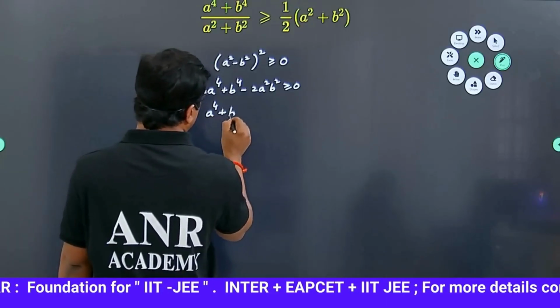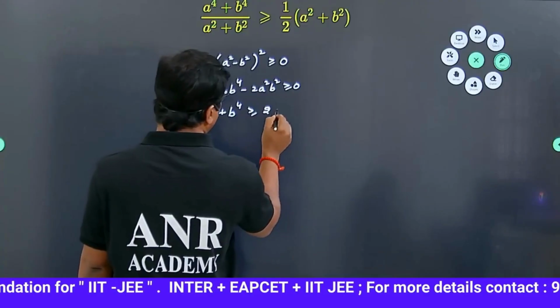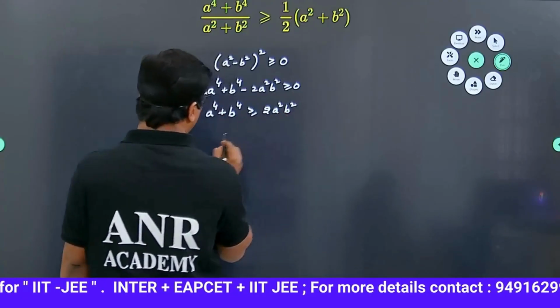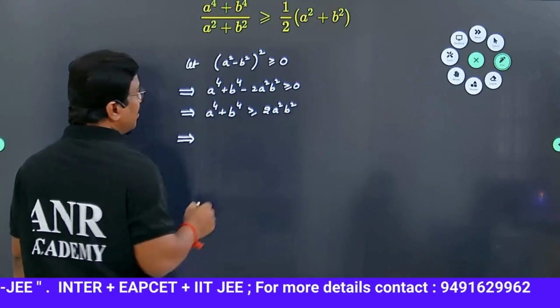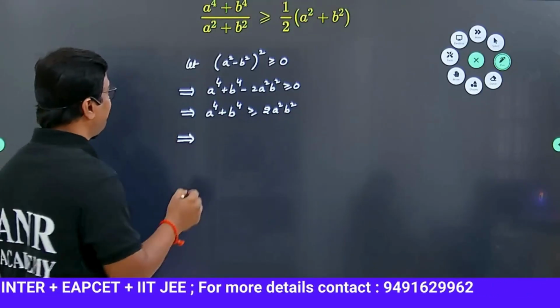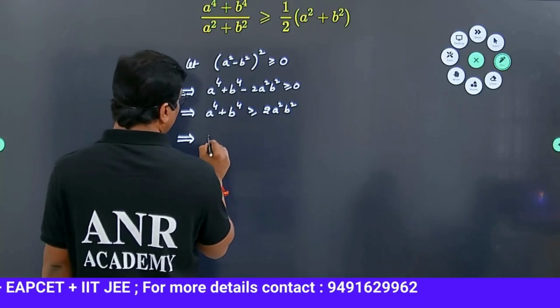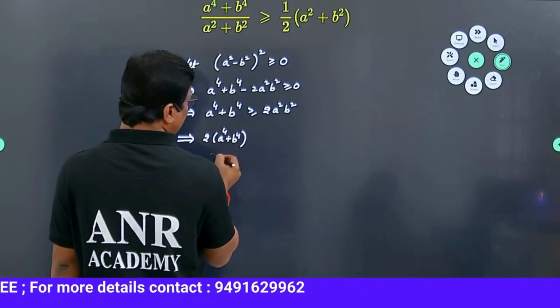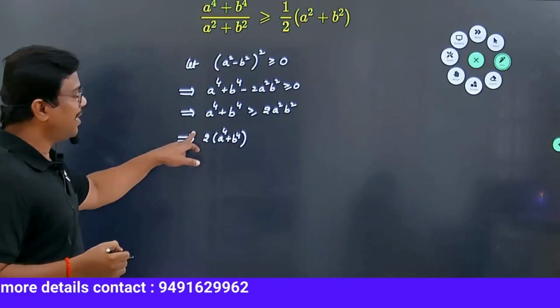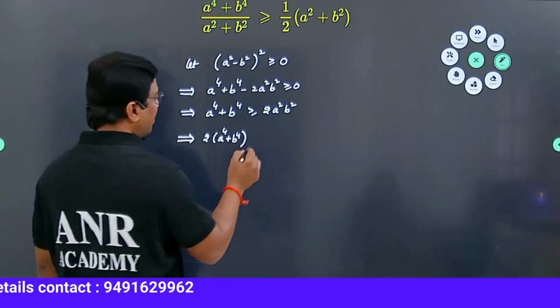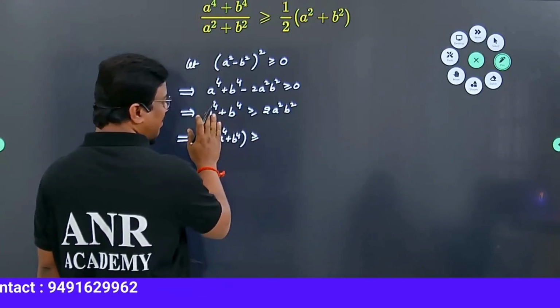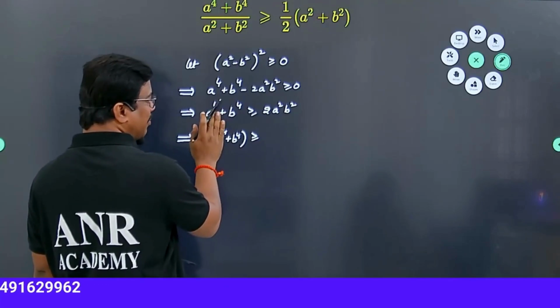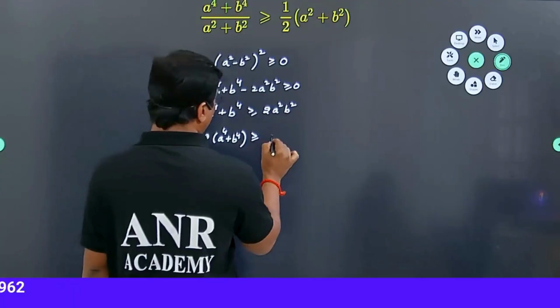So a⁴ plus b⁴ is greater than or equal to 2a²b². Next, what I am doing, the same quantity if you add, you will get on the left side 2 times of a⁴ plus b⁴. The same a⁴ plus b⁴ on the left side as well as right side I am going to add.